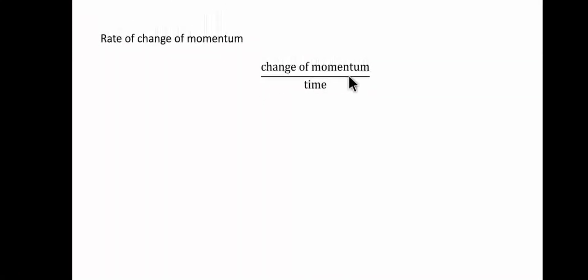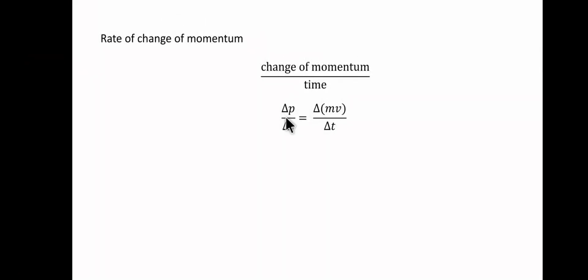Since change of momentum is represented by delta p and the change in time will be delta t, delta p by delta t is the change of momentum with respect to time, which is equal to delta mv by delta t.